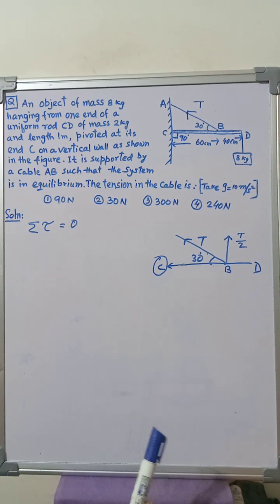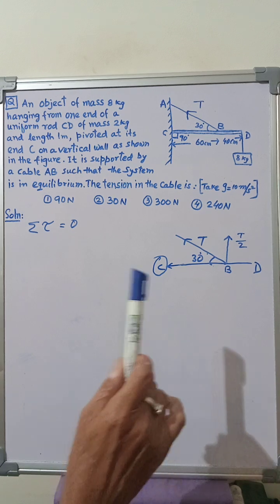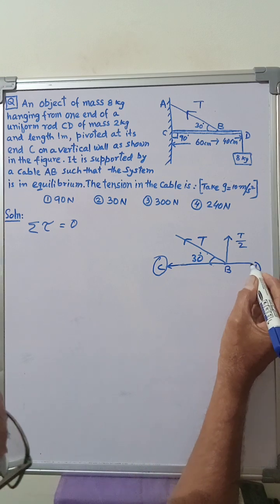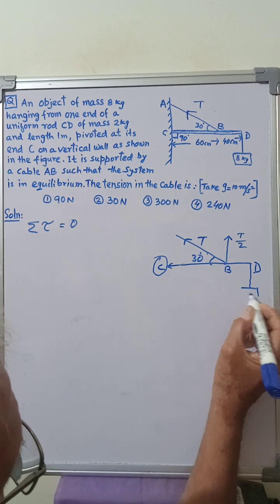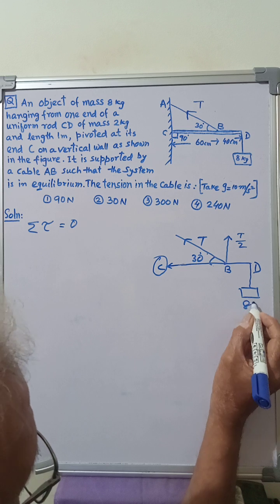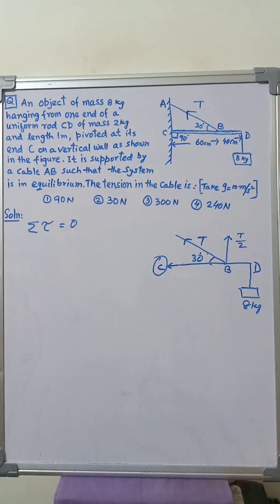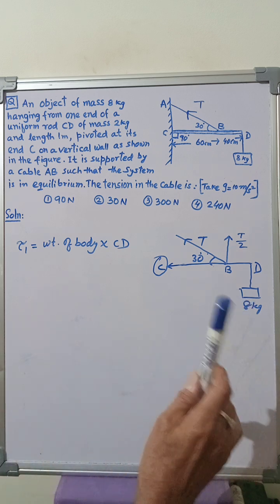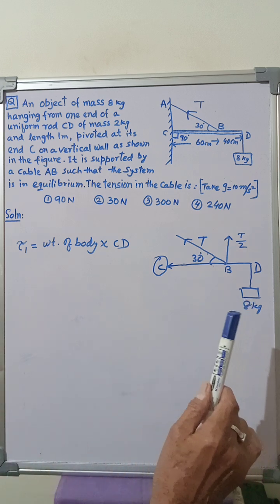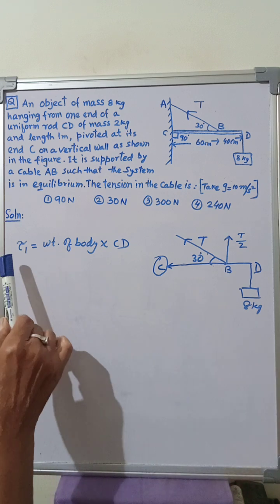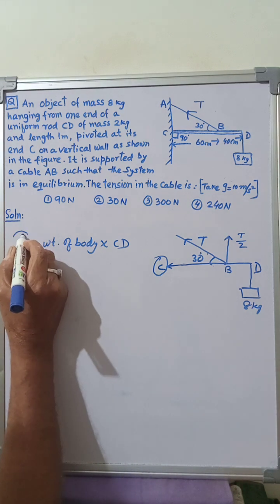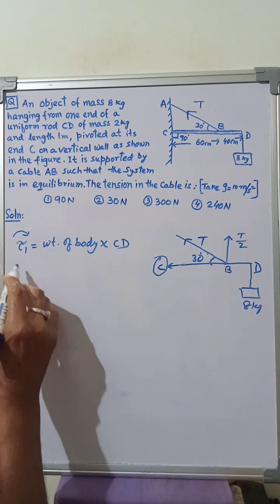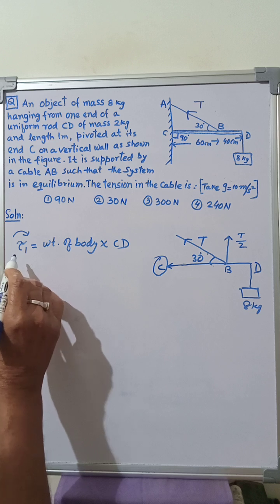Let us first calculate the total clockwise torque. At D, we have a body of mass 8 kg hanging. The torque produced by the 8 kg body is clockwise about C. Let's designate it by tau 1.